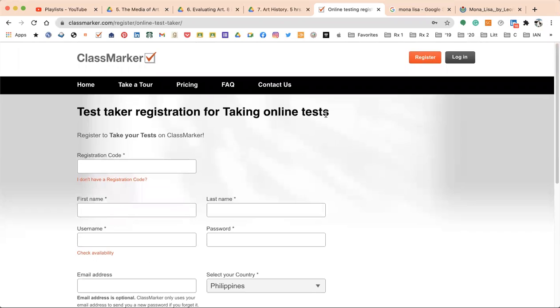Please log in 5 to 10 minutes before the scheduled exam so that you will be able to start on time, especially if you have internet problems. Now, in terms of the test time, basta magsisimula ako kung ano yung oras. So for example, your class with me is 8 to 9 a.m. We're going to start at like 8:05 or 8:10.